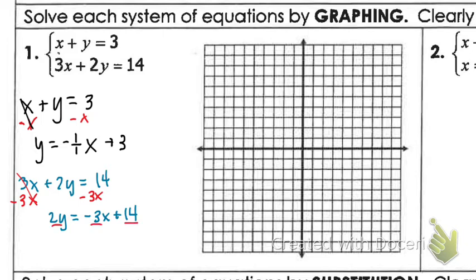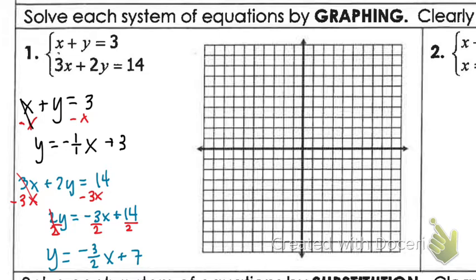Every piece gets divided. Remember, we want our lines to have a usable slope, so leave 3 over 2 as a fraction. And then 14 divided by 2 is 7.